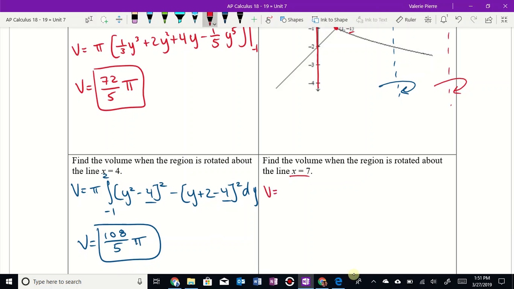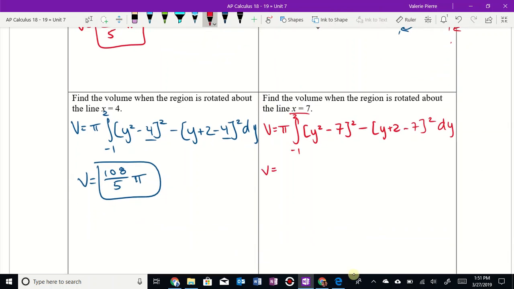So we have V equals definite integral from -1 to 2 of my outer function, which is y squared, minus my axis of rotation, which is 7, squared, minus my inner function, which is y plus 2, minus my axis of rotation, which is 7, squared dy.